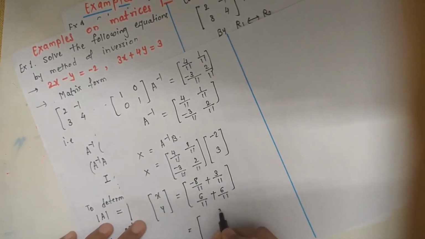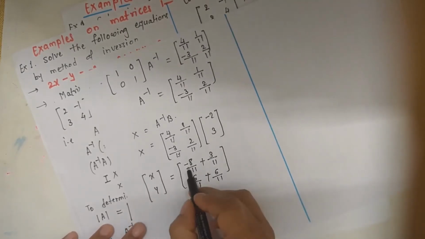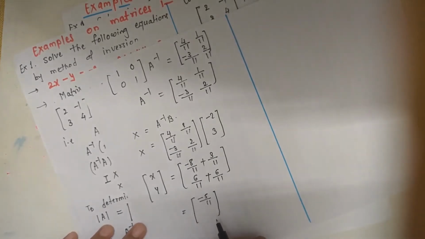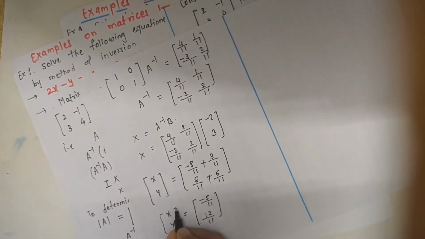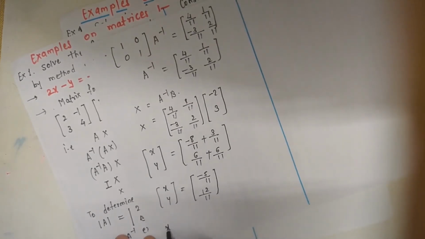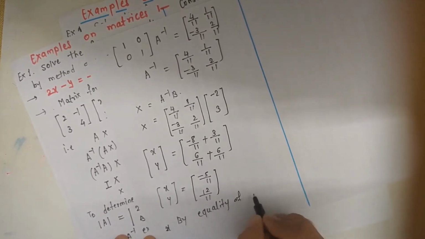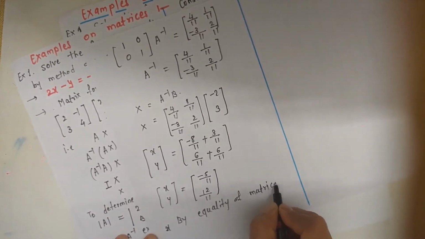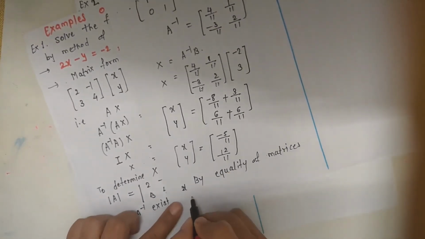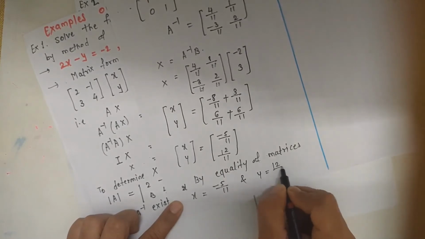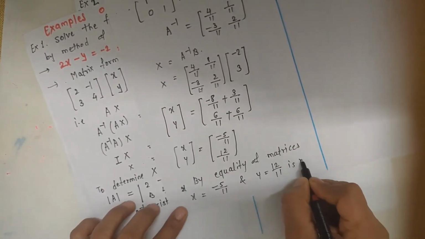So we get two elements, and that is the value of x and y. Minus 8 plus 3, minus 5 by 11, and 12 by 11. In this way, we get the values of x and y by equality of matrices. X is equal to minus 5 by 11 and y is equal to 12 by 11 is the required solution.